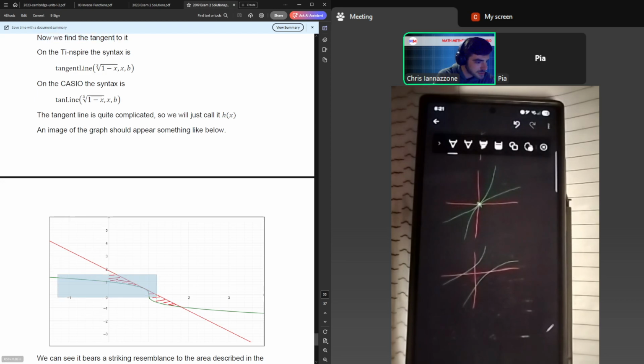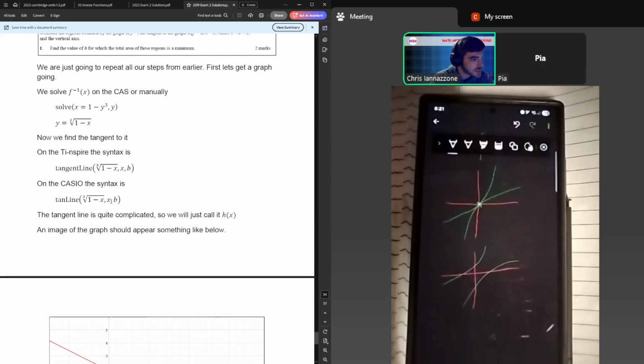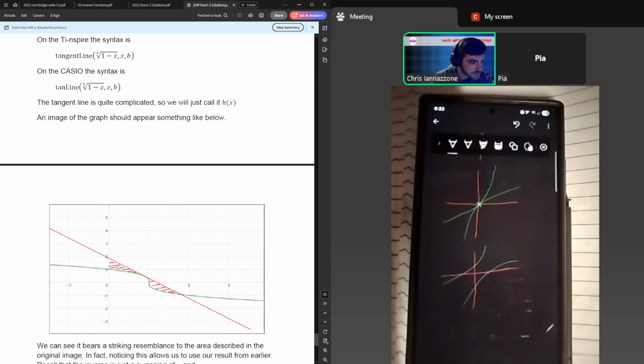Inverse. Oh yeah, there we go. So the green line is your inverse, and the red line was the linear that we were given at the very start. Because you already had the full equation of the original function, you can get the full equation of the inverse. That's nothing crazy there.